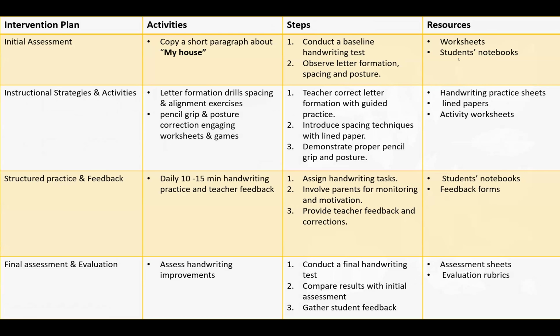This allowed me to observe their handwriting closely and identify common errors in areas like letter formation, spacing, and alignment. By analyzing their writing, I was able to understand the specific difficulties each student faced and plan targeted activities to improve their handwriting. Resources are worksheets and students' notebooks.